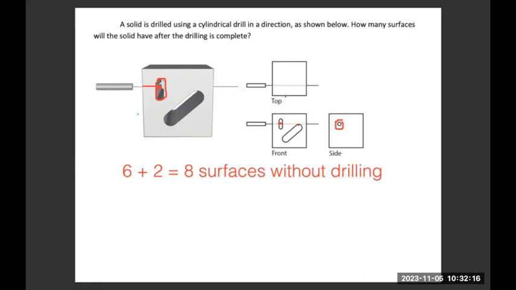The drill surface will have one part here and another drilling happening on this side. So the drill will add another 2 surfaces, one cylindrical surface here and another cylindrical surface here. So 8 surfaces without drilling plus 2 surfaces added by the drill part equals 10 surfaces.